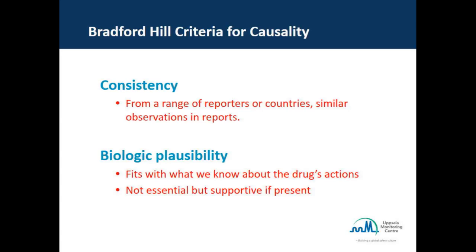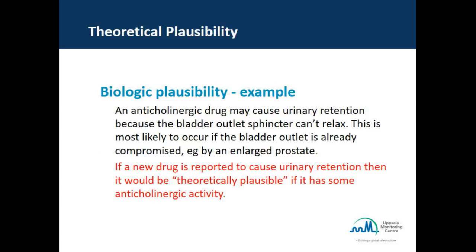Biologic plausibility: it fits with what we know about the drug's actions. We've talked about that before. We don't always know that it fits because we don't know why the reaction, what the pathology was behind the suspected reaction. But if it does fit, then it's evidence. And for example, we know that anticholinergic drugs may cause urinary retention because the bladder outlet sphincter can't relax.